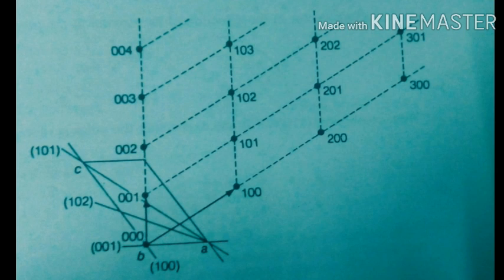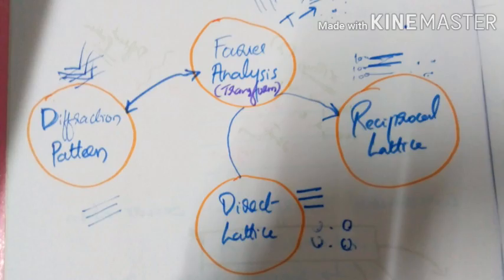So when you compare with the previous slide, you can see that taking a diffraction pattern is equivalent to taking a Fourier transform, and taking a Fourier transform essentially means taking a direct lattice to its reciprocal lattice. I hope you understand these relations.